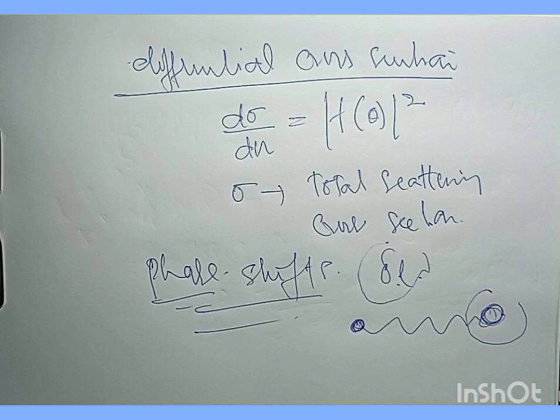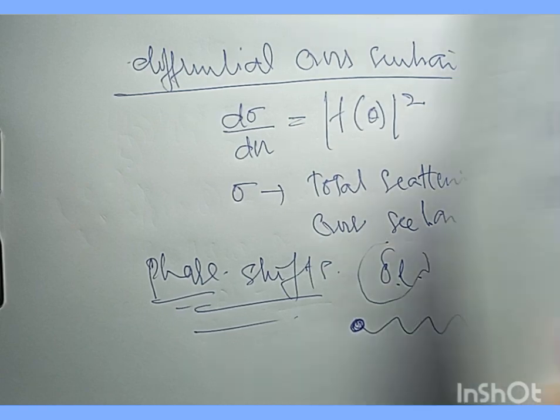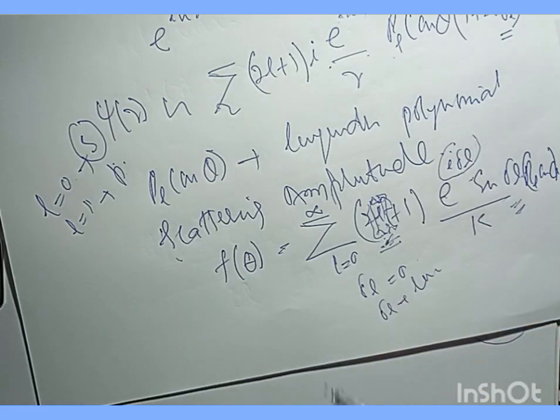We wrote down the solution of the radial equation considering the asymptotic behavior at a large distance, and we expressed the solution as a combination of Bessel and Neumann functions. We imposed the scattering boundary condition to determine the phase shift delta L, and we used the phase shifts to compute the scattering amplitude, because it is the phase shift that gives us the measure of scattering amplitude.